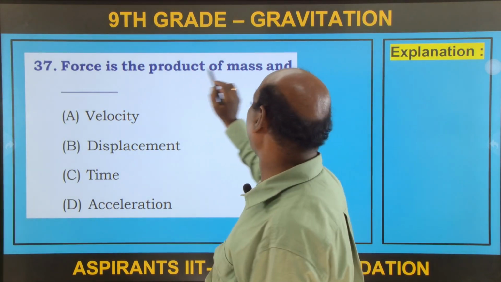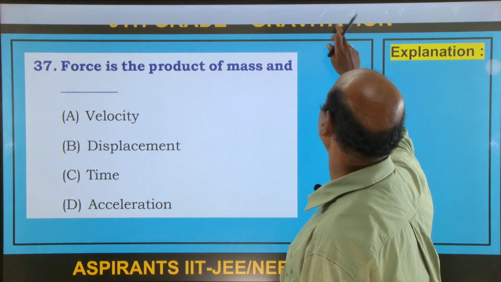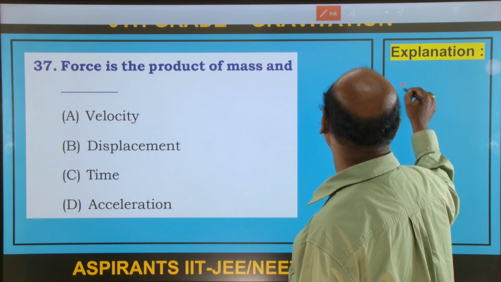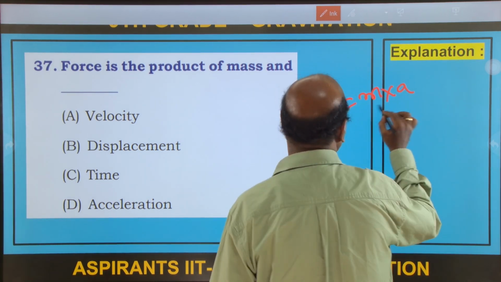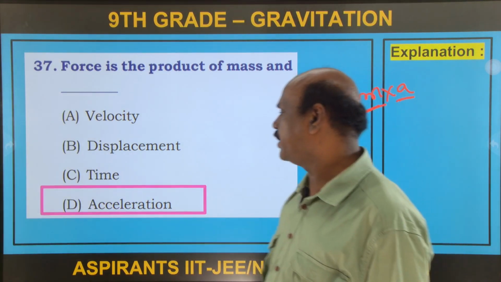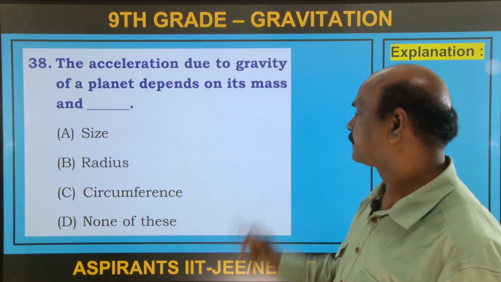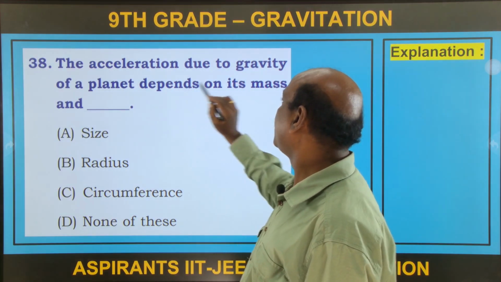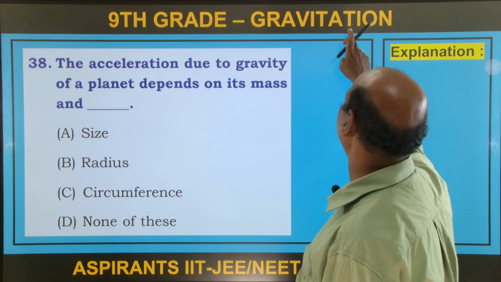Next, the force is the product of mass and dash. So we know that generally we take the formula F is equal to m into a, meaning force is equal to mass into acceleration. So it is the product of mass into acceleration, option D. Next, the acceleration due to gravity of a planet depends on its mass and dash.